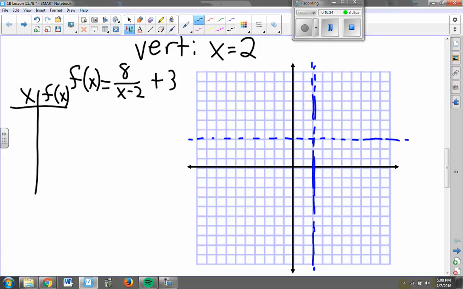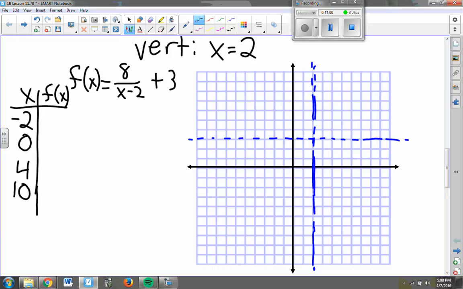So let's see, I'll pick a few values for x on the left side of my asymptote and a few on the right side of my asymptote. On the left side, maybe I'll go with negative 2, and I'll go with 0, and on the right side, maybe I'll go with 4, and I'll go with 10. Go all the way up to 10, see what happens.